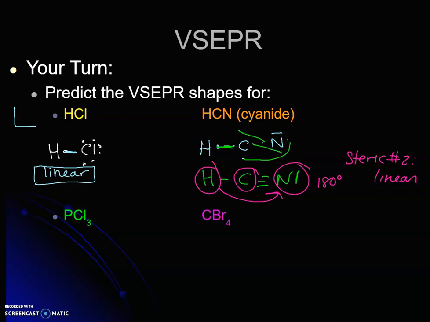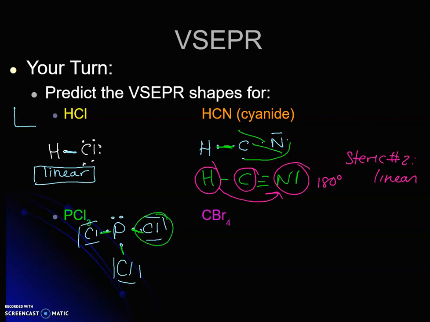Good. Next we have PCl3. Phosphorus has 5 dots. Chlorine has 7, or a dot and 3 lone pairs. So it looks like so, and then they are bonded to one another. How many things are around our phosphorus central atom?